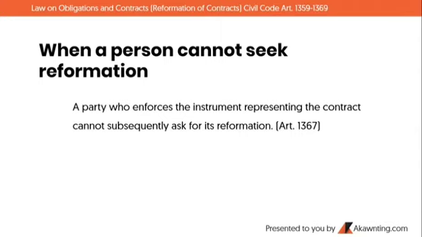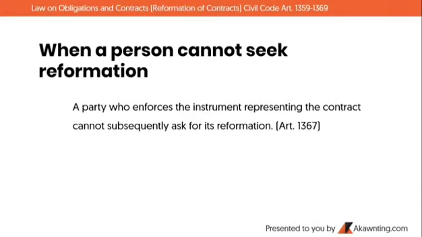When a person cannot seek reformation. Okay? So, nabanggit na actually natin yung isang situation or scenario wherein a person cannot seek reformation. Yung kanina, wherein ang example natin ay siya yung nag-employ ng fraud, si B, di ba, yung buyer.